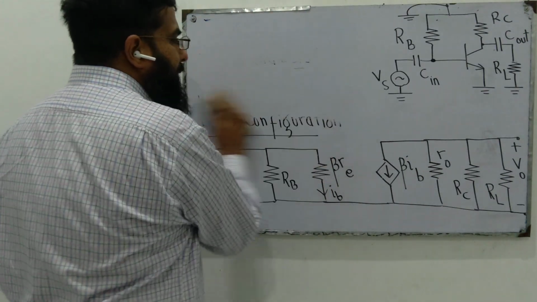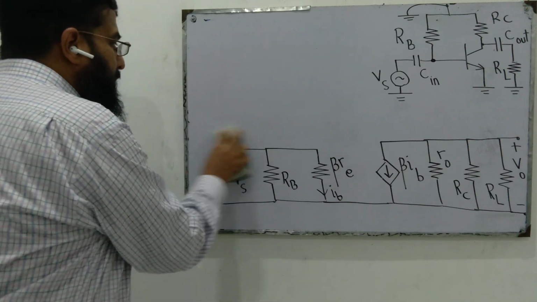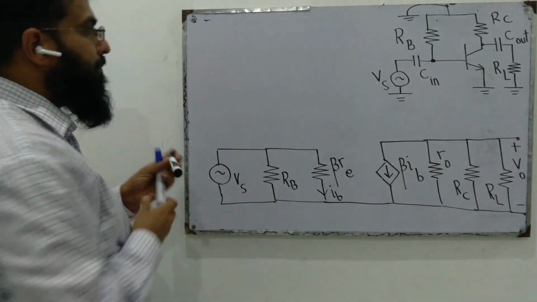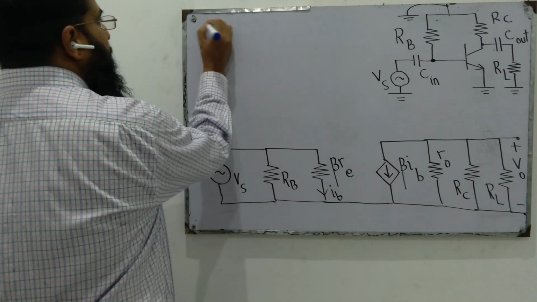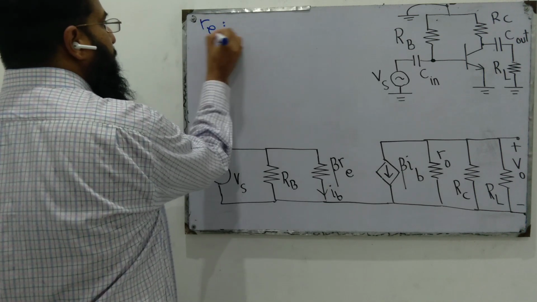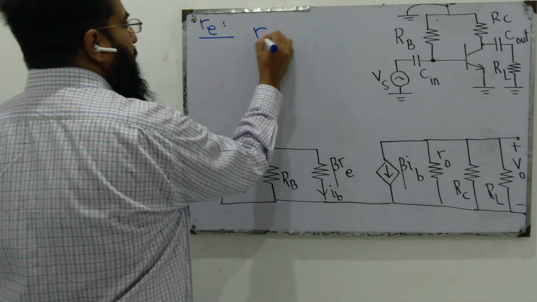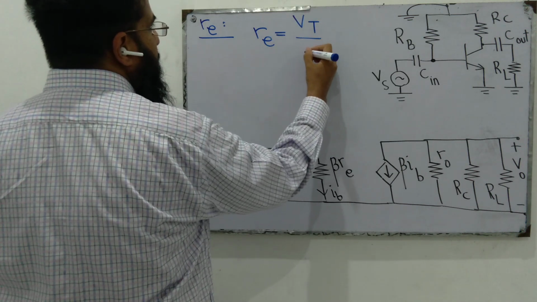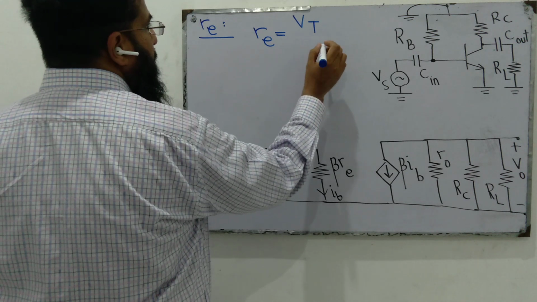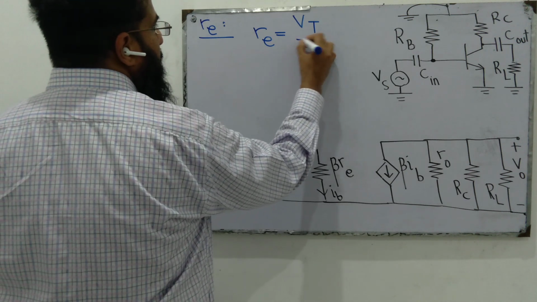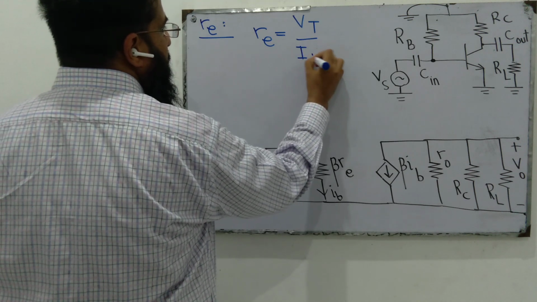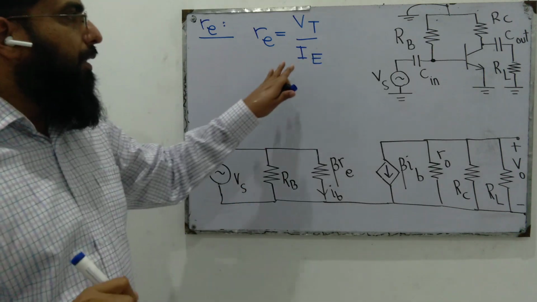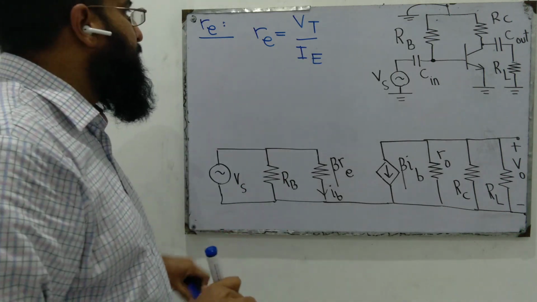So re is the emitter resistance and is written as VT over the DC emitter current IE.